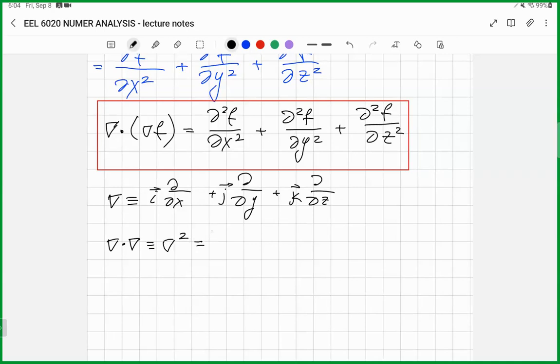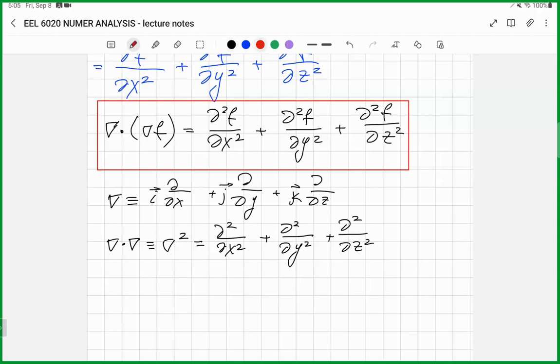It's going to be nabla times nabla, and again i times i equals 1 and this component survives, but all the other components like i times j, i times k, j times k all equal 0. So the result is d2 over dx2 plus d2 over dy2 plus d2 over dz2.